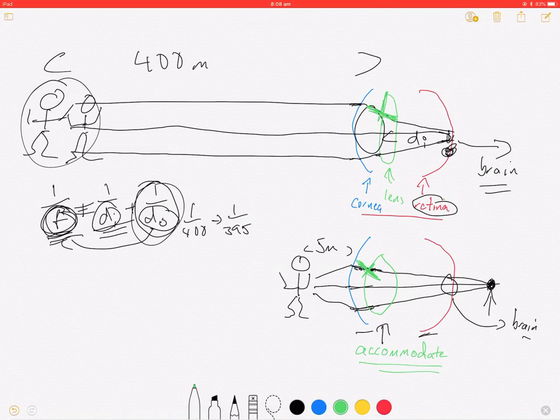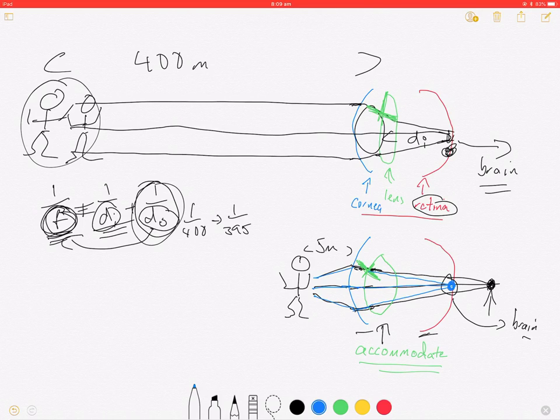So what will happen is, remember, the light will get bent towards the perpendicular, and let me just do this in blue. Again, we see the rays into the lens are going to be the same because, of course, the cornea doesn't change its shape. But now the lens has changed its shape, so the light gets bent more by the lens, and now we get the focusing of the image on the retina.